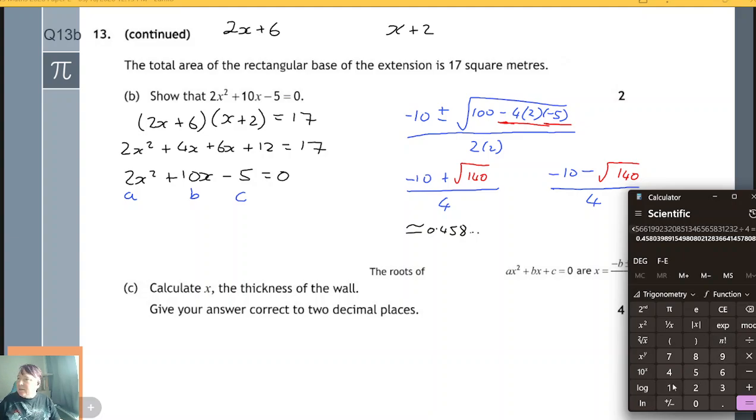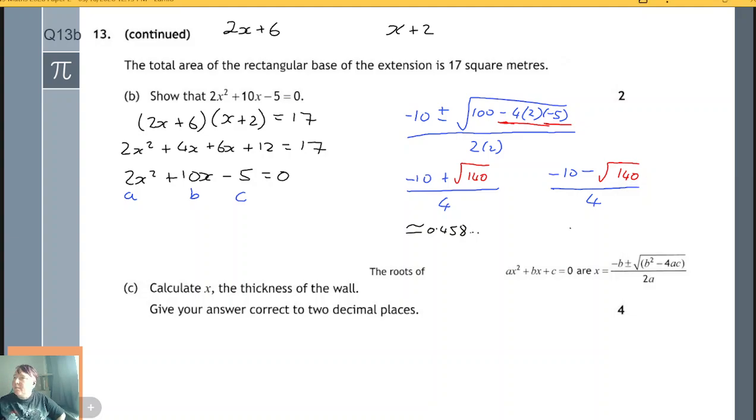So we're going to do the same again, 10 and then minus to get it changed, and then I'm going to take away, open my bracket, 140 is square rooted, close my bracket, equals, I want to divide that by 4, equals, I get minus 5.458. You can't get a negative length. They don't exist.